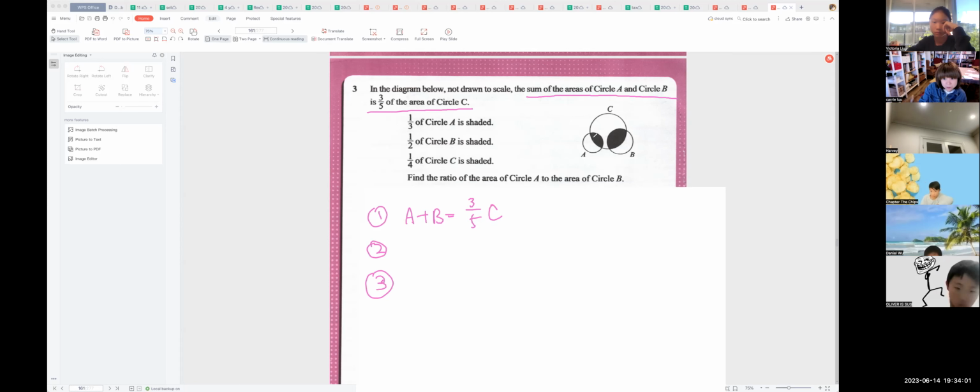Okay, so this one equals 1/3A, right? And this one equals half B, right? So 1/3A plus half B equals 1/4 C. Understand everybody? Okay, so we have 2 equations to try to find out A to B. 我们不需要知道 A 和 B 各自是什么，我们只要它的 ratio 就可以了。所以 we don't need 3 equations. 2 is good enough.